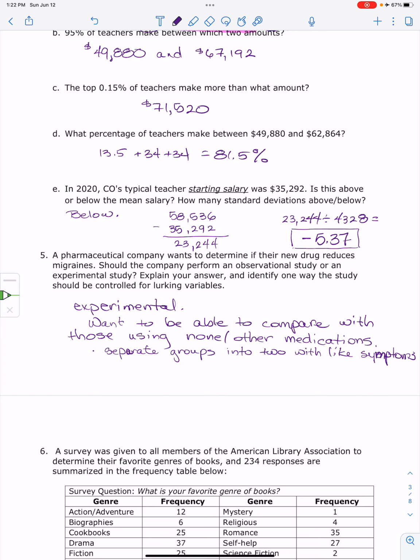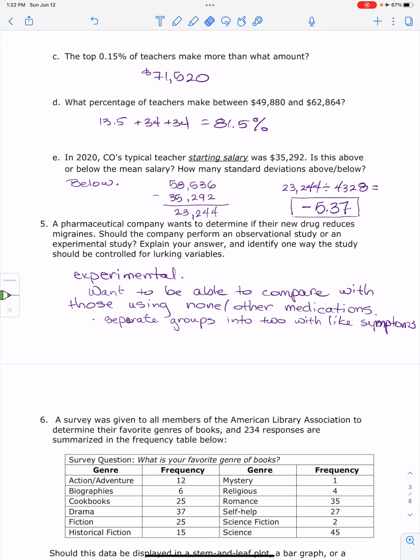Want to make sure they have like symptoms or triggers. Okay. We also want to make sure they're not using other medications. So that's definitely something we want to control for.